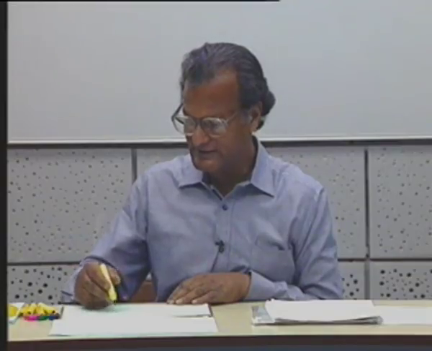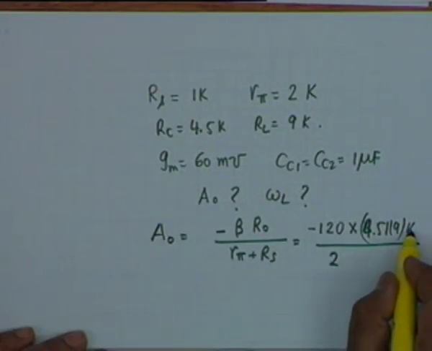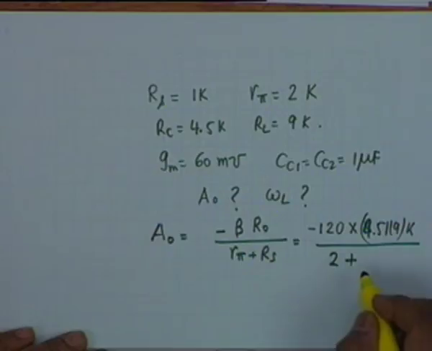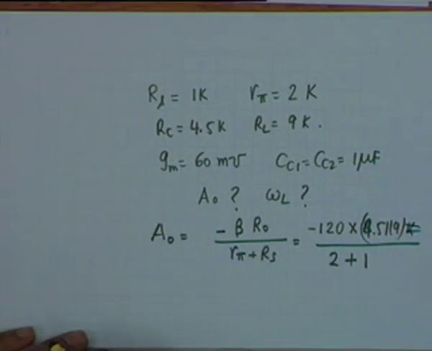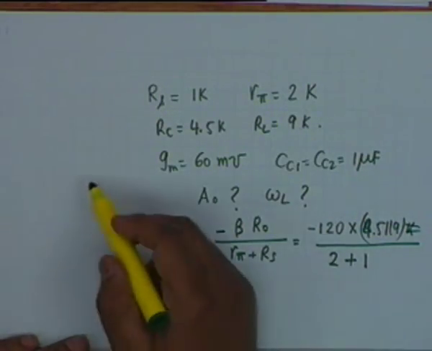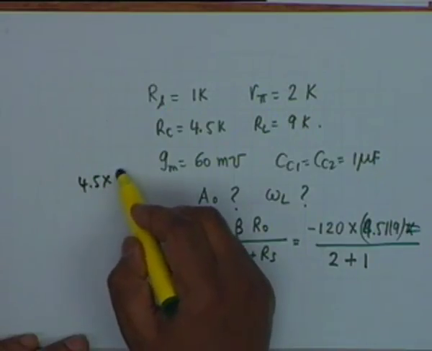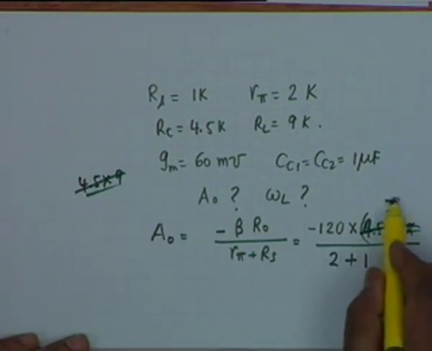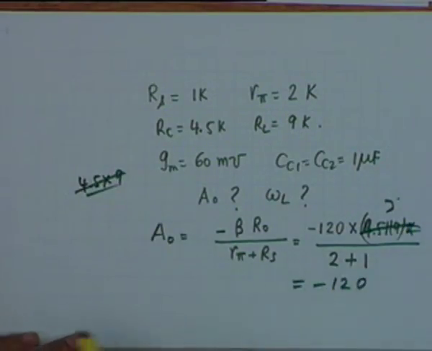K and millimho, they cancel each other. 120. R0 is 4.5K parallel 9K, divided by R pi is given 2K plus Rs is 1K. I have kept it in K because it will cancel. So I can forget about K. What is the parallel of 4.5 and 9? Oh, it's 3. So 3 by 3, this is simply minus 120.